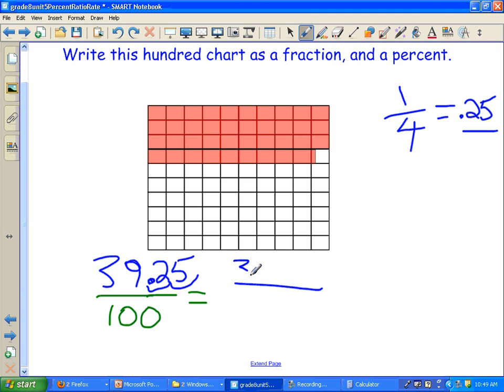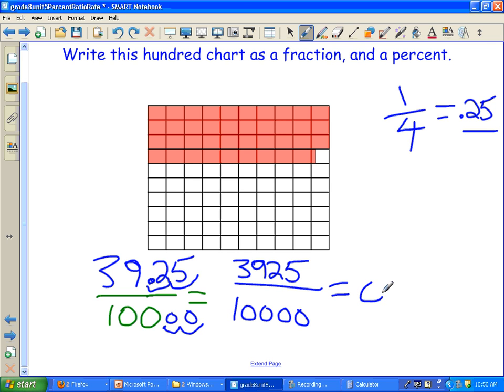That'll give us 39.25. And of course, we shift the decimal that's at the end of this number 2 places, so 1, 2, but we've got to put zeros there to jump, or it's the same as timesing by 100. That'll give us 1,000,000 or 10 thousandths.